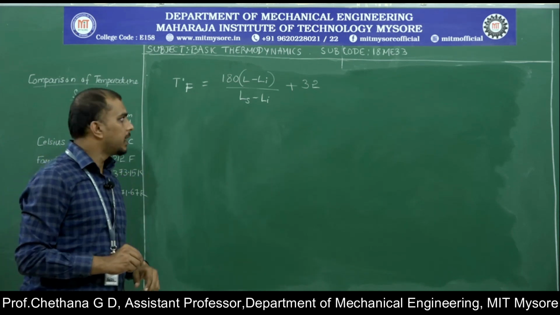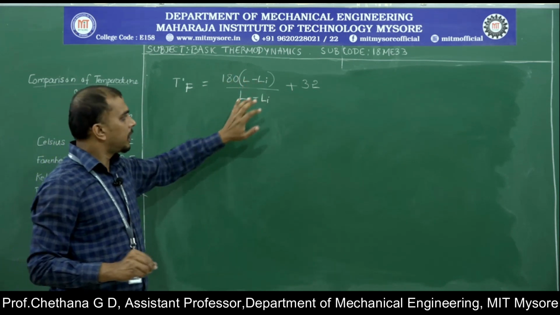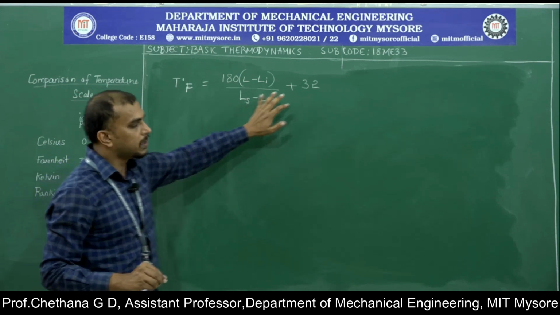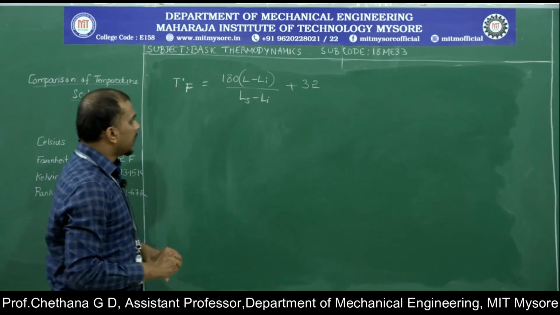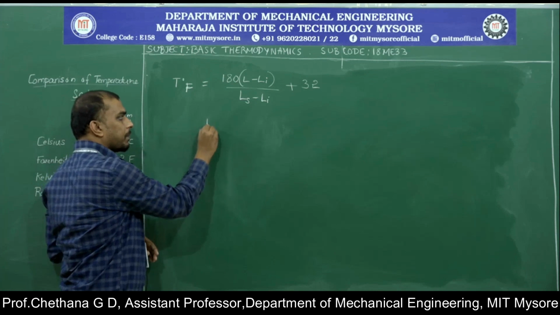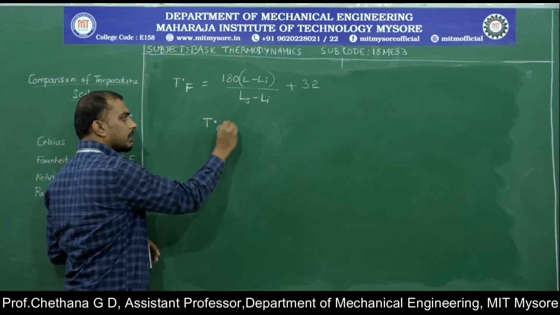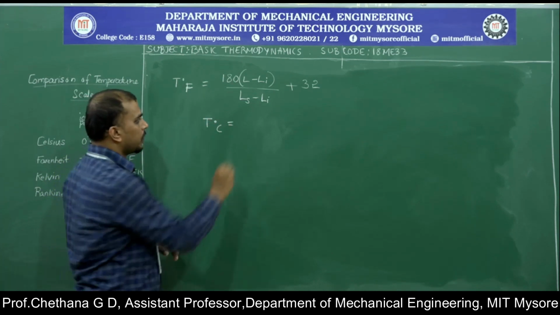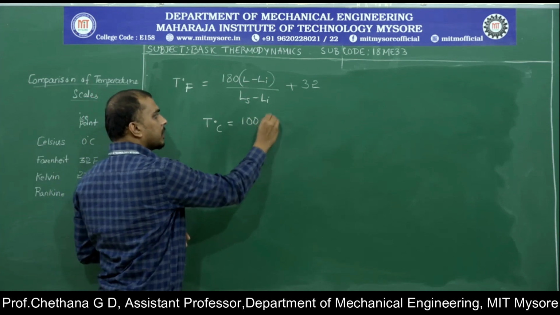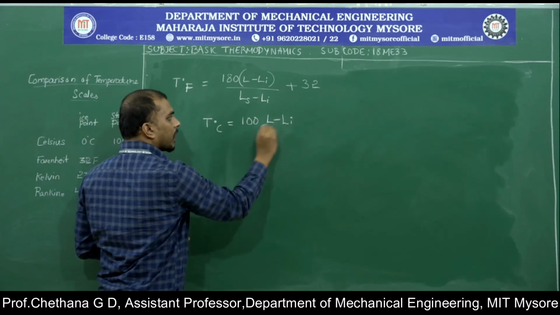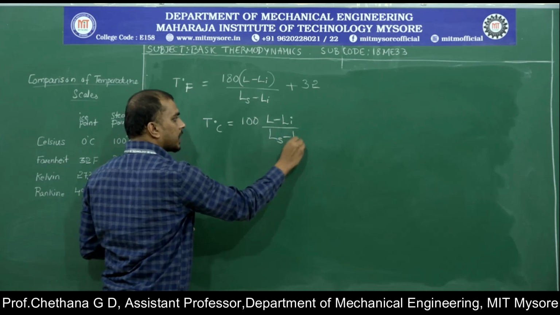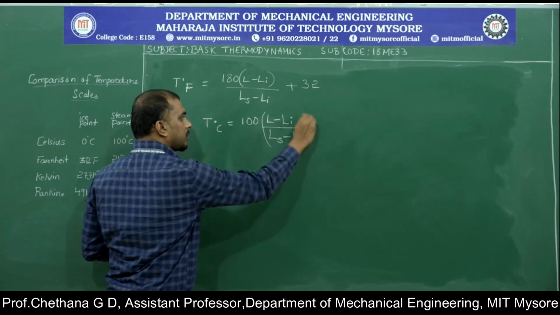For Fahrenheit scale it is 180 into L minus Li divided by Ls minus Li plus 32. We also know the temperature expression for Celsius, which is 100 into L minus Li divided by Ls minus Li.